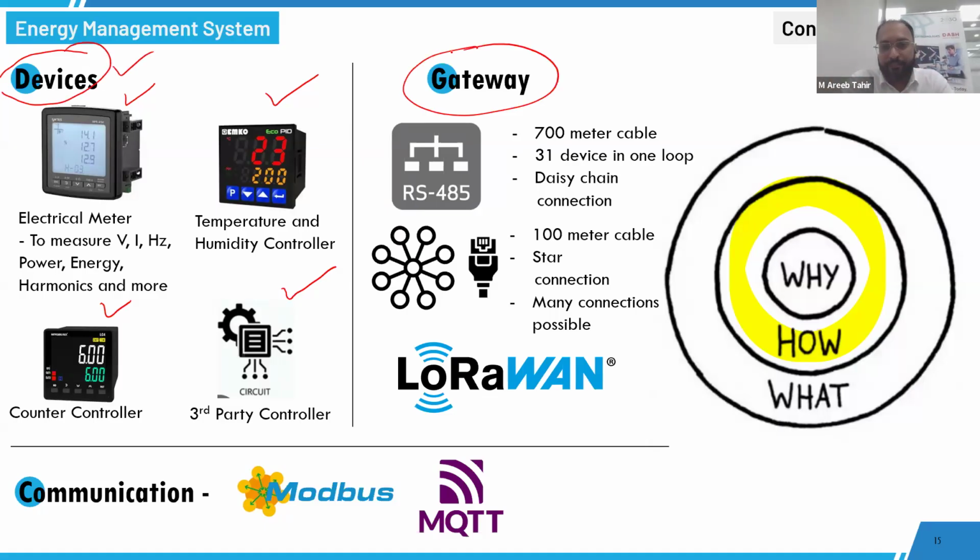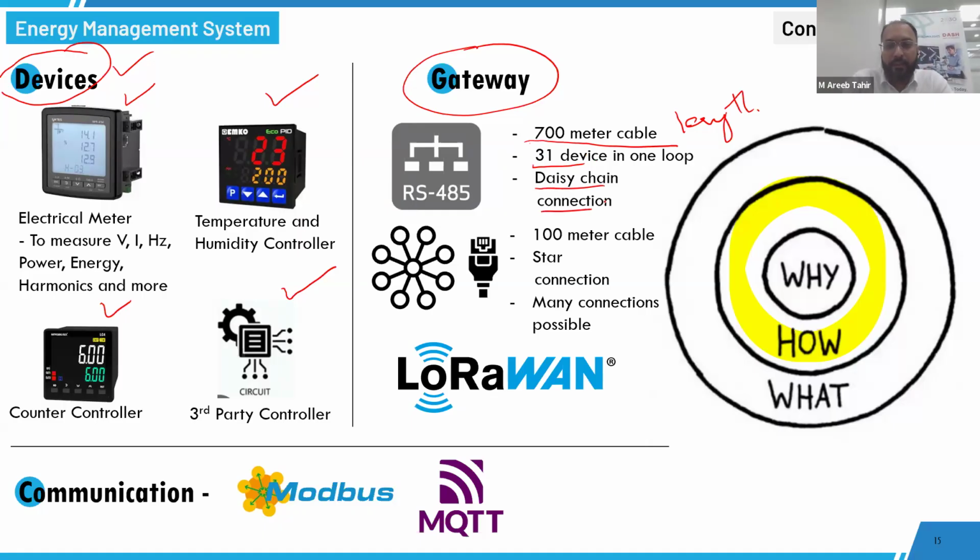Next is the gateway. If we provide or you intend for RS-485 connectivity, you can go for a cable length of 700 meters, and you can connect 31 devices in a loop.